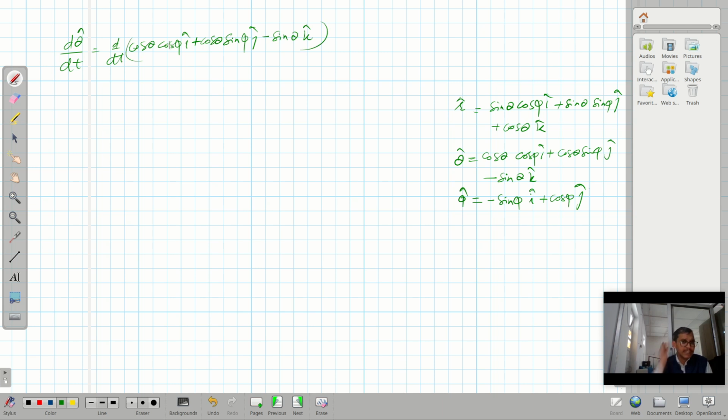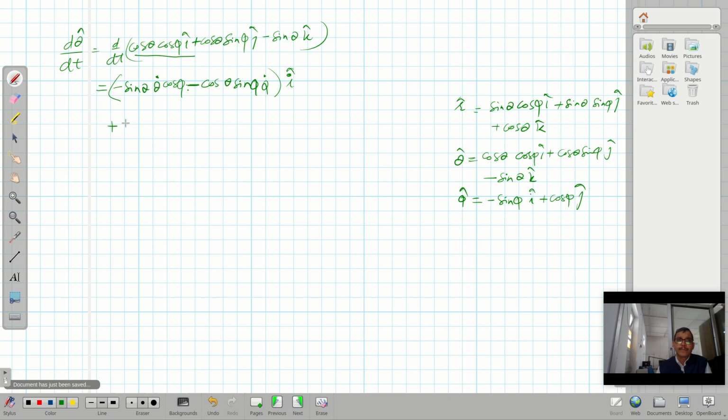The derivative of the first term is minus sine theta theta dot cos phi i cap, and the derivative of cos phi gives minus cos theta sine phi phi dot i cap.